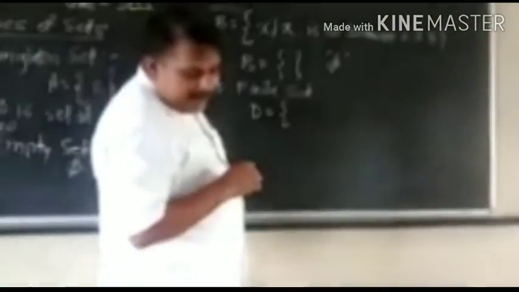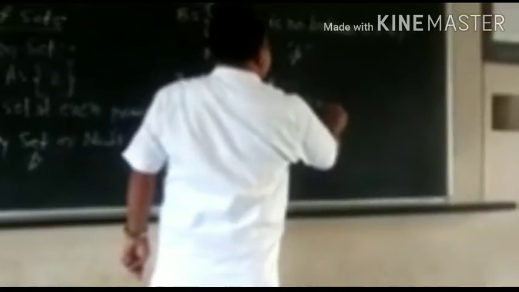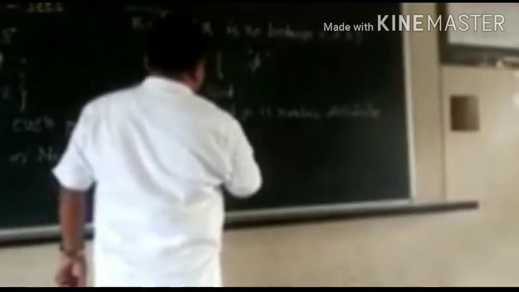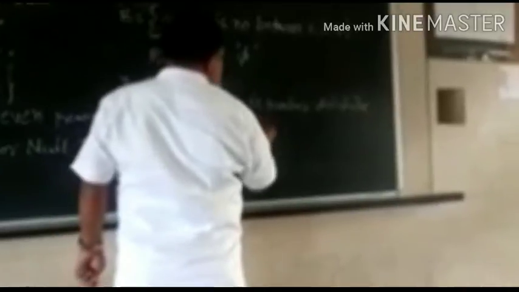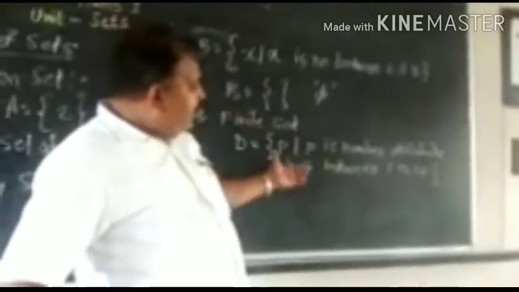So there we give the condition and there are certain numbers. For example, D is the set, D equal to {P : P is a number divisible by 4 between 1 to 22}. We consider this limit 1 to 22 and we divide these numbers by 4 and find the elements in this set.